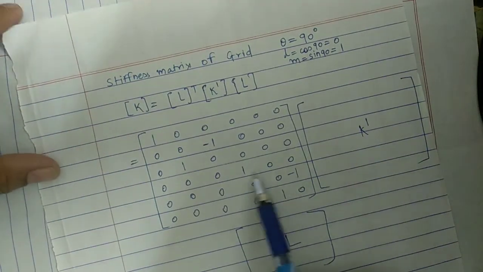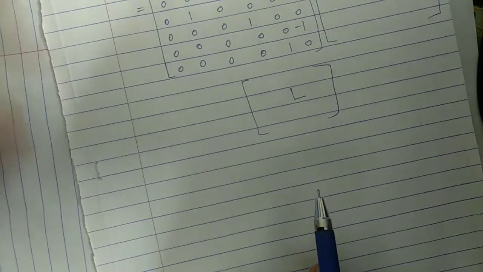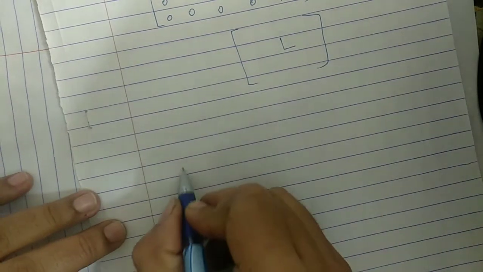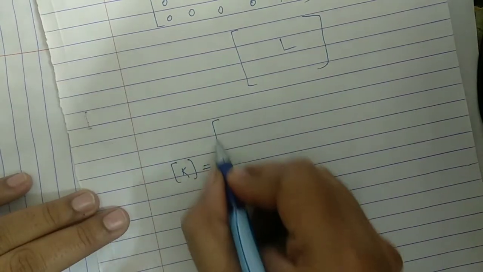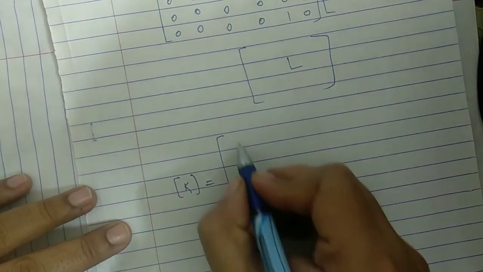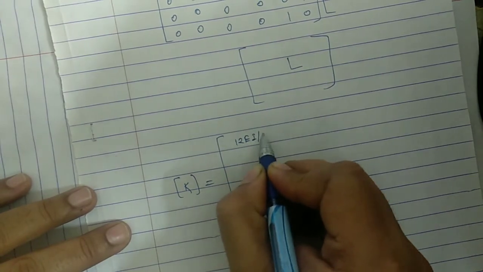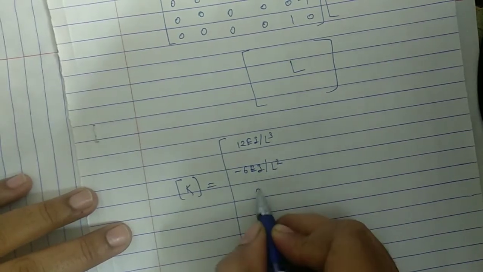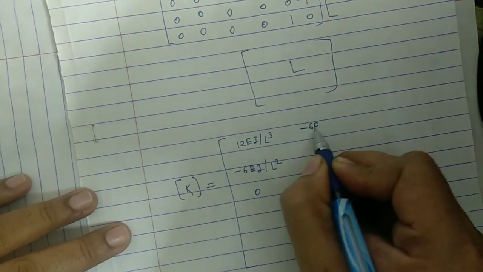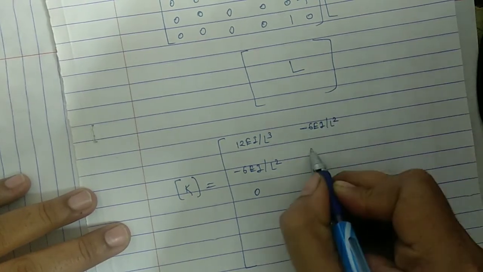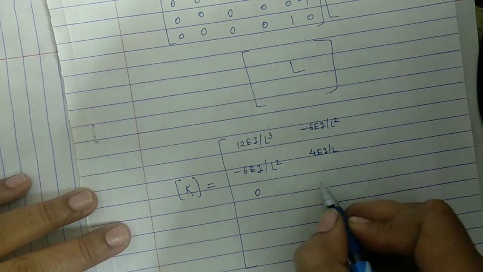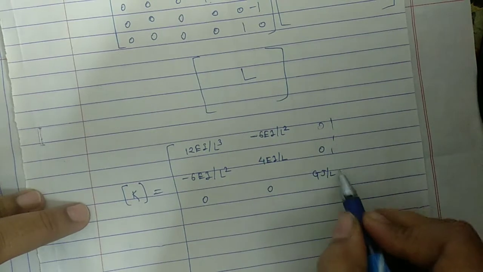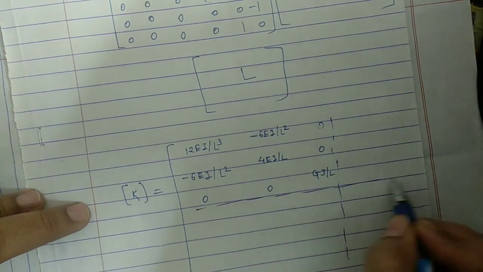So the product of these three matrices will give you the final resulting stiffness matrix, K equal to a matrix of order 6 by 6, which will contain the elements 12 EI upon L cube, minus 6 EI upon L square, 0, minus 6 EI upon L square, 4 EI upon L, 0, 0, 0 and GJ upon L. This is just a group of 3 by 3 elements.